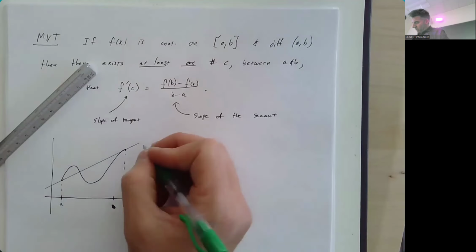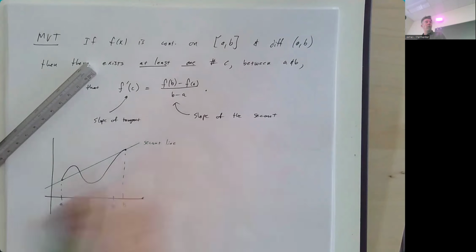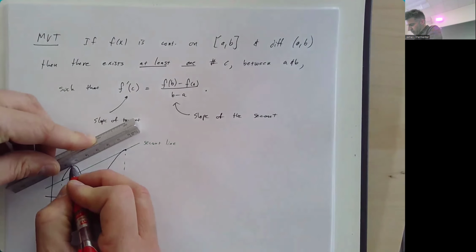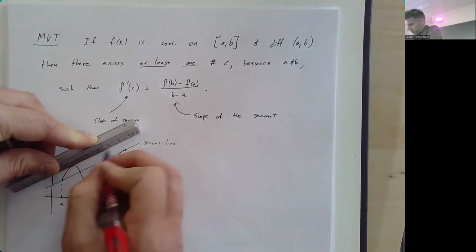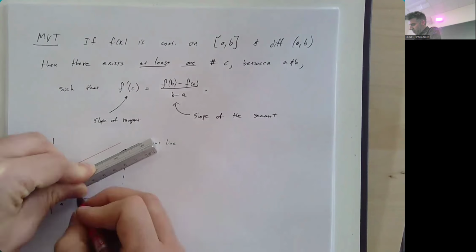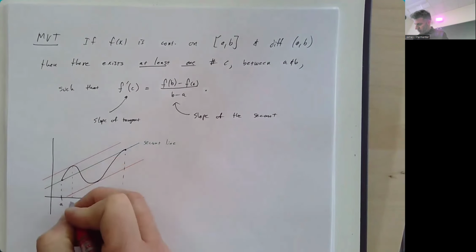So there's the secant line. And it looks like there's actually probably 2 points in between A and B. One about right there, and one maybe right about there. Again, it's not precise, that's not the point. But there are my 2 C values.